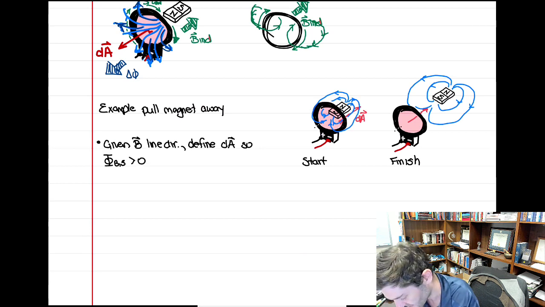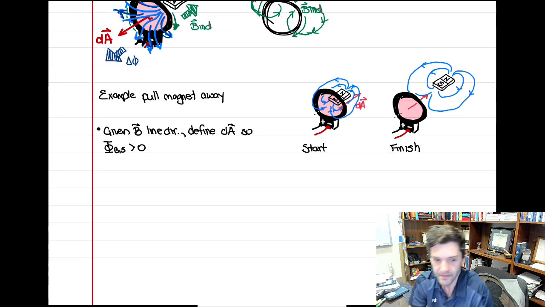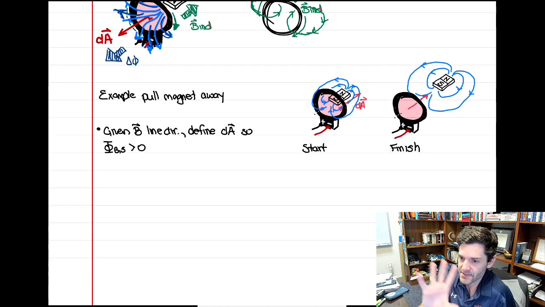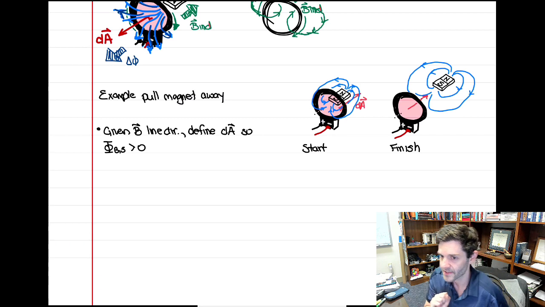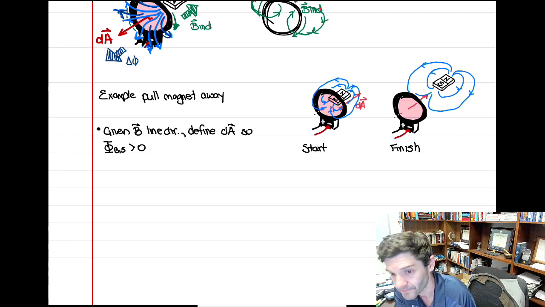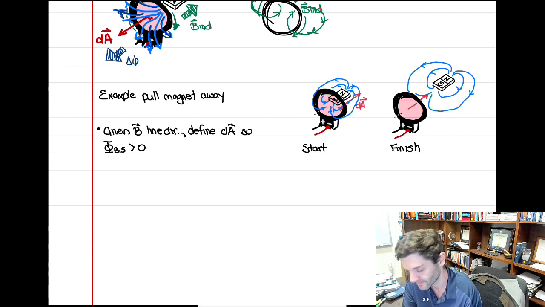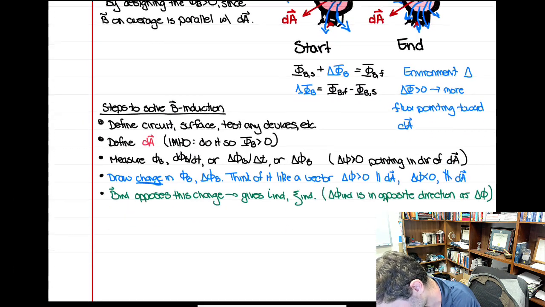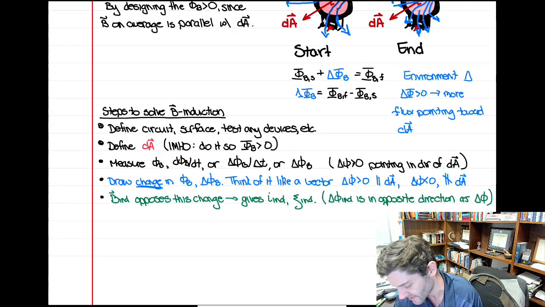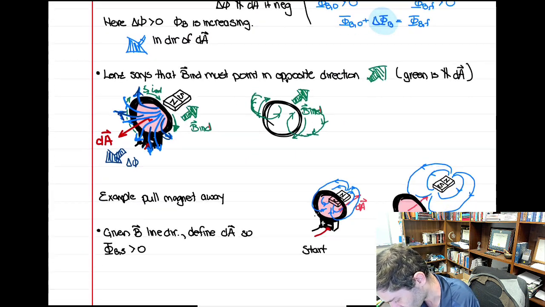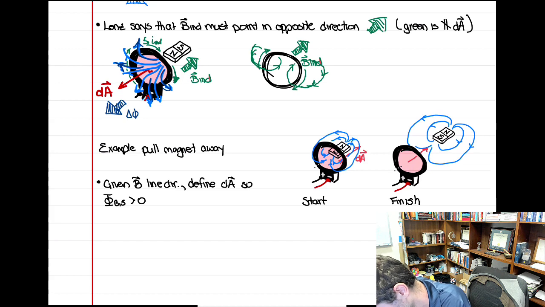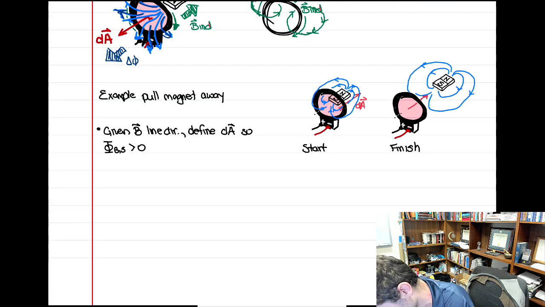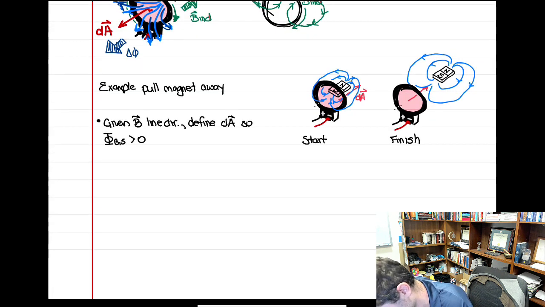So I'm dealing with positive numbers again. This required me to define the surface, which required me to define the circuit. I think we're kind of all set on all of that. So then I should have copied these directions to the other page. Right, we have dA, now we want to measure a change and then label that change in some meaningful way. So given B, the magnetic field, I'm going to define dA to be that way.